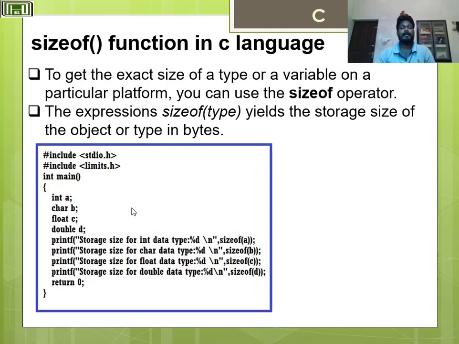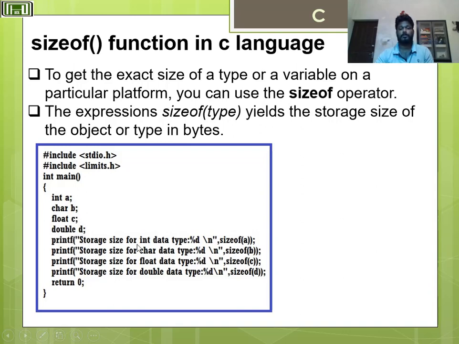To get the exact size of a type or a variable on a particular platform, you can use the sizeof operator. The expression is sizeof followed by the type. It gives the storage size of the object or type in bytes. Here is the example with stdio.h and limits.h, which is a header file for limits. In main, int a, char b, float c, double d.